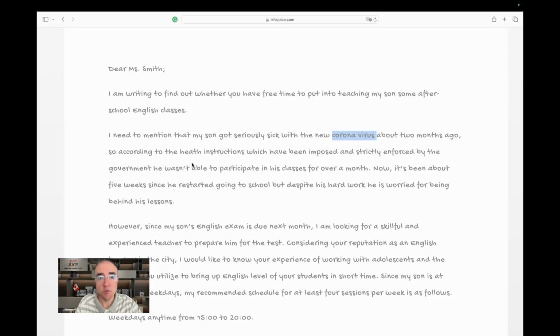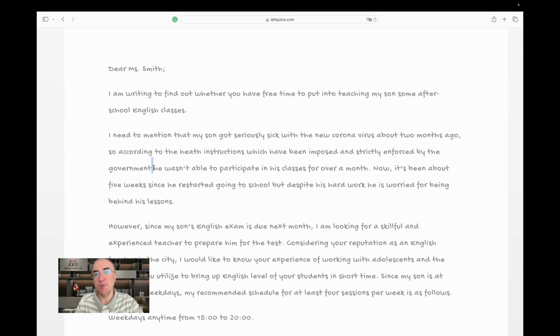So according to the health instructions, which have been imposed and strictly enforced by the government, I need either a dash here and here or a bracketing comma here and here. I mean, before the switch and after this government.